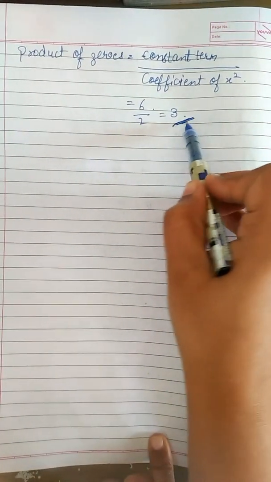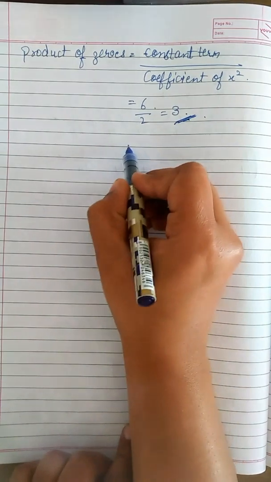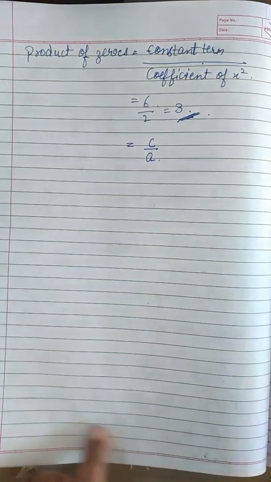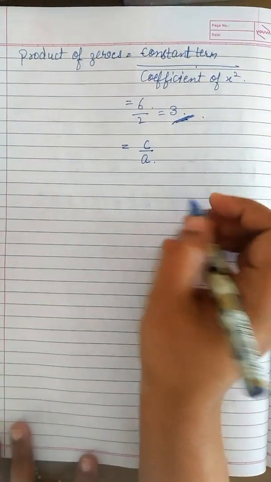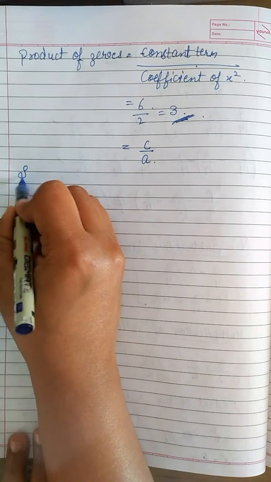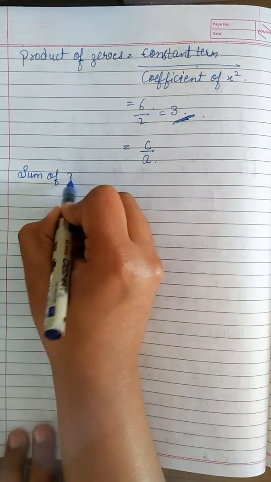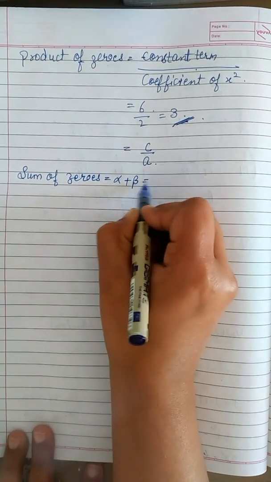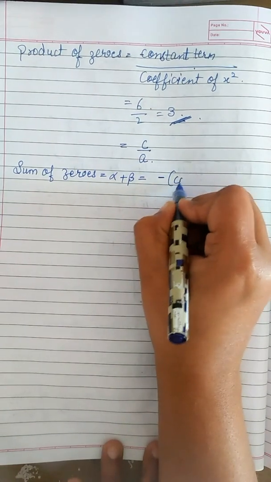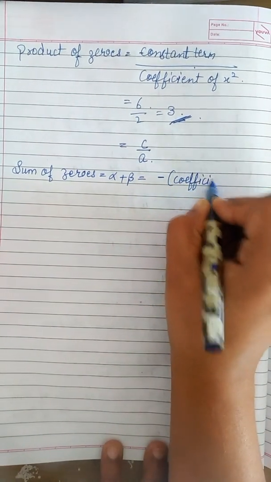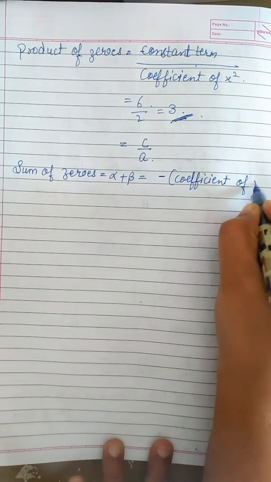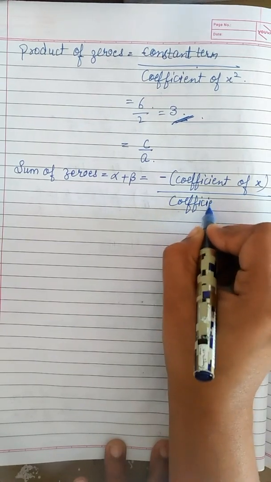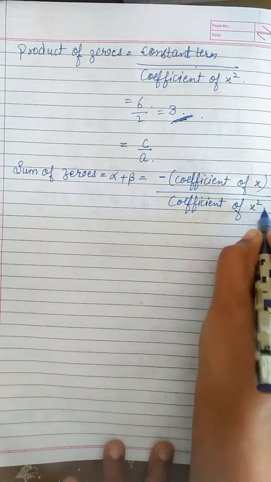Here also product of zeros is 3 and here also product of zeros is 3. So product of zeros is equal to c upon a. Now what will you observe? We observe that sum of zeros, alpha plus beta, is equal to minus coefficient of x upon coefficient of x square.